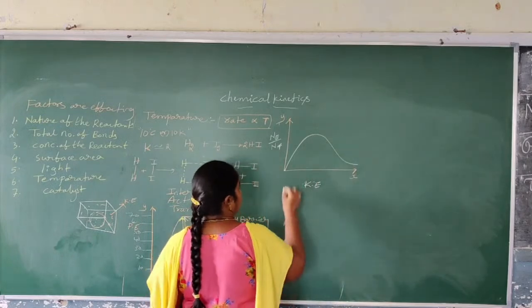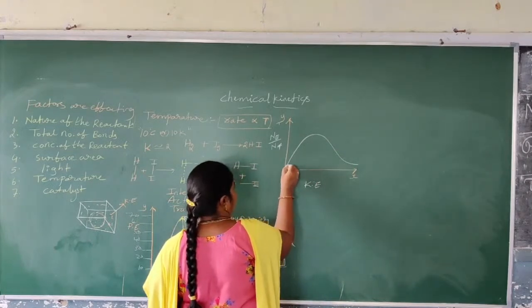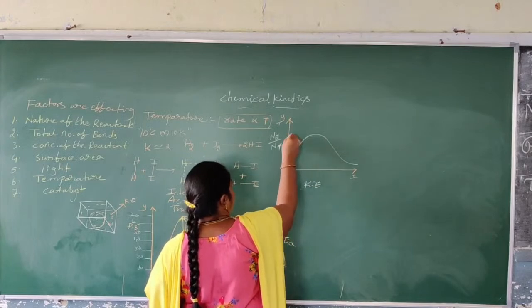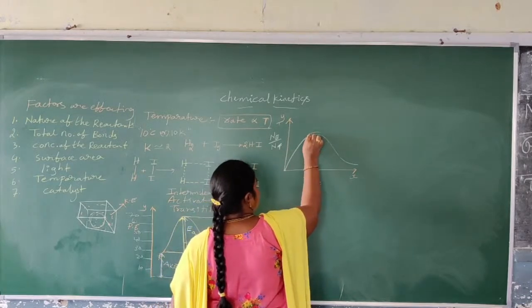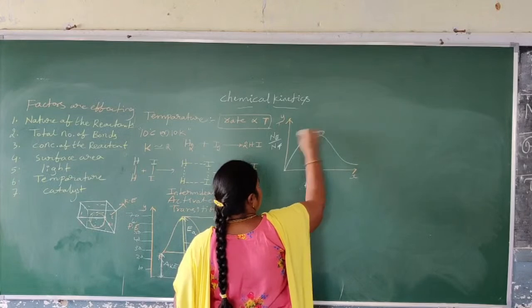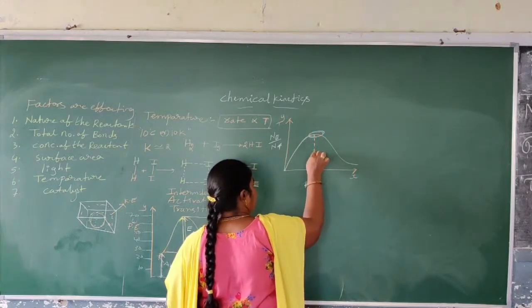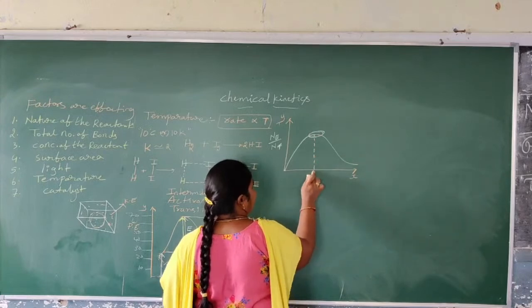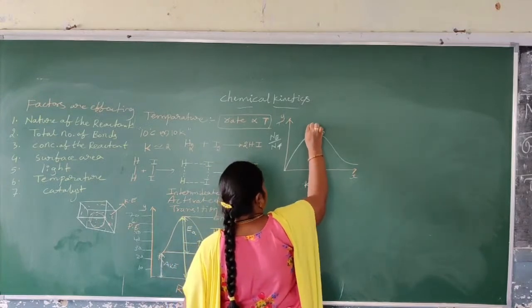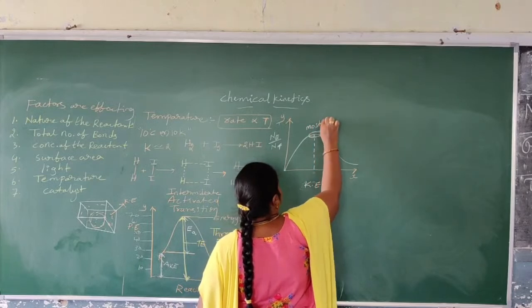Number of molecules, for example, 10 molecules, 20 molecules, 30 molecules, 40 molecules, 50 molecules. Most of the molecules are having the same kinetic energy, so that's why it is called the most probable velocity.